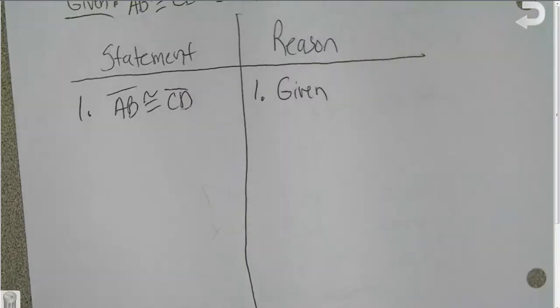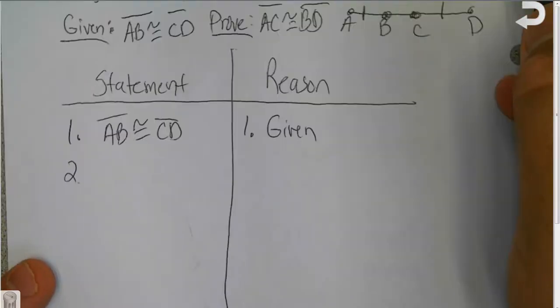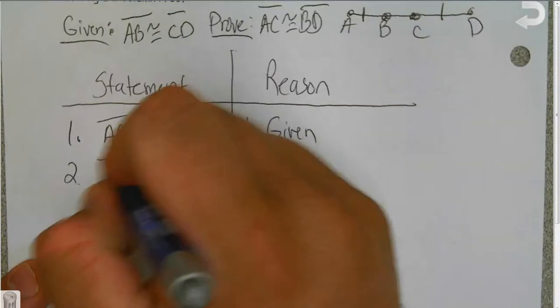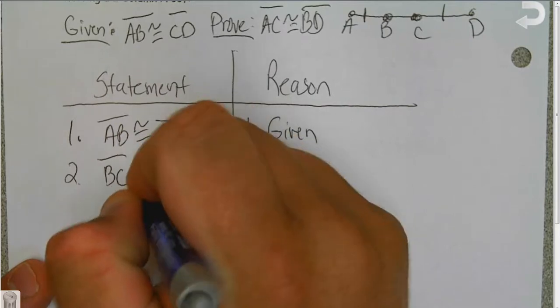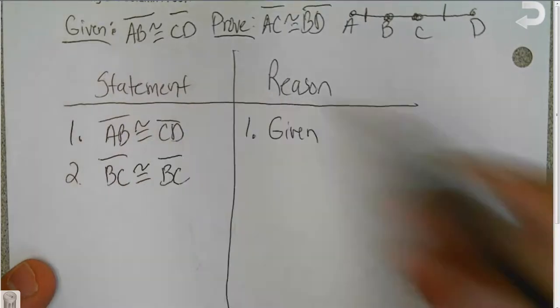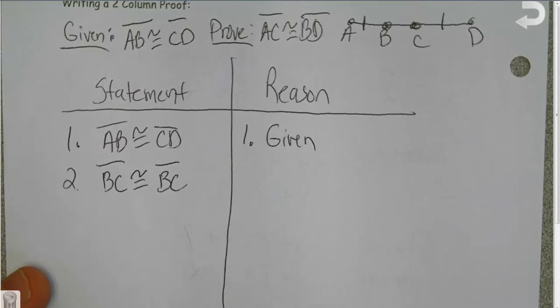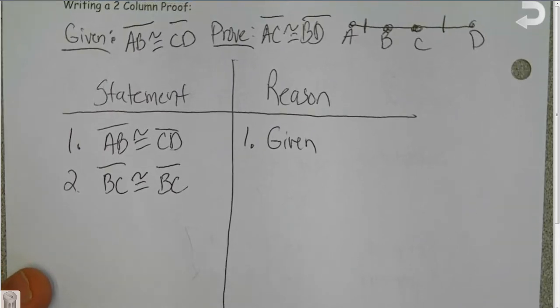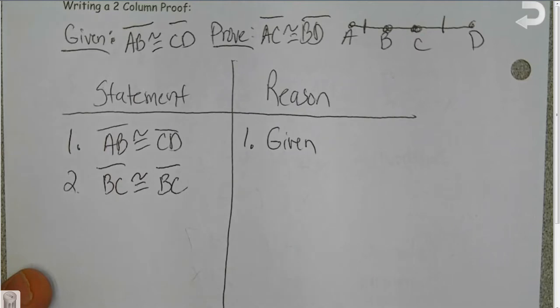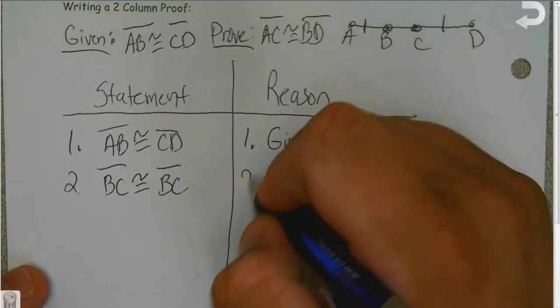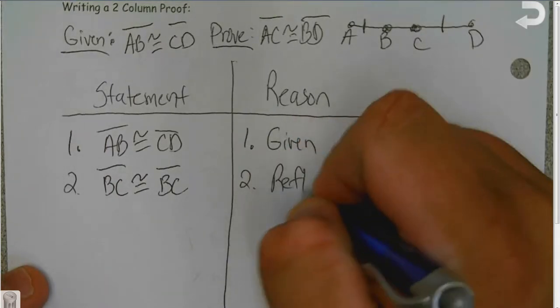Now, in order for this to work, usually you have to add two things or one thing or whatever. And so we're going to add the next step. And I'm going to go ahead and give it to you. What property from above do you think I used to prove that? I used the reflexive property.